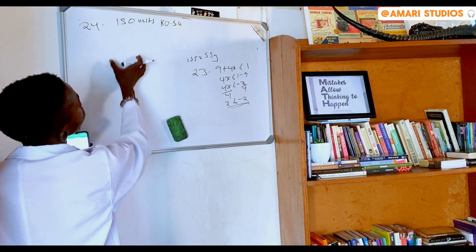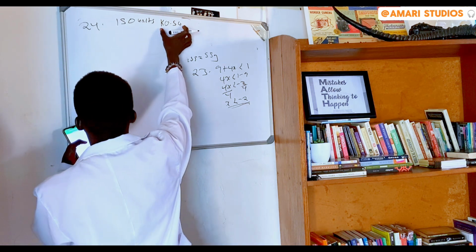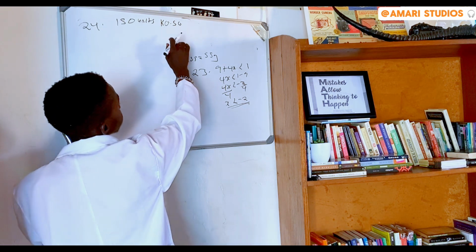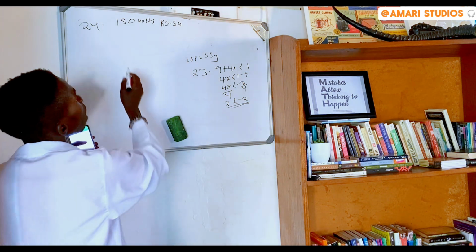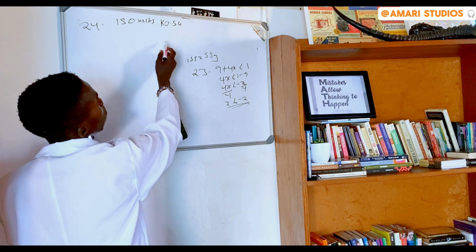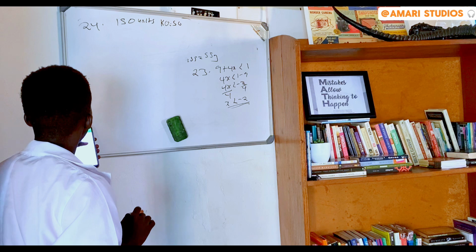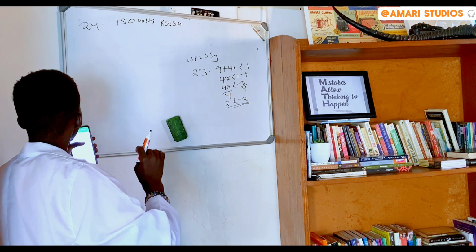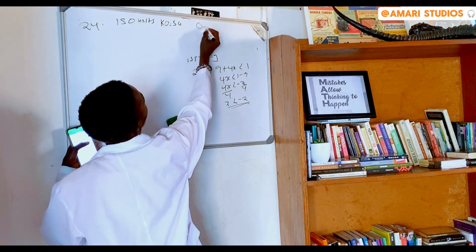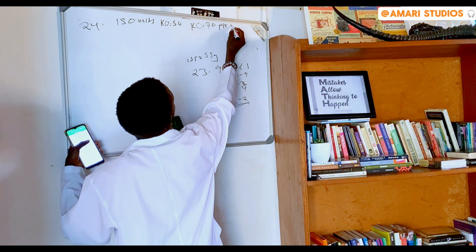A man bought 150 units at 0.5 kwacha for the first 100 units, meaning that the first 100 units were bought at this amount of money. Then it continues to say the rest was bought at 0.70 per unit.